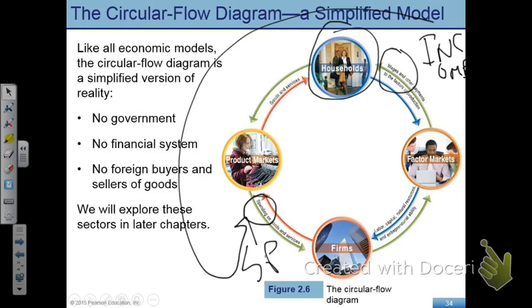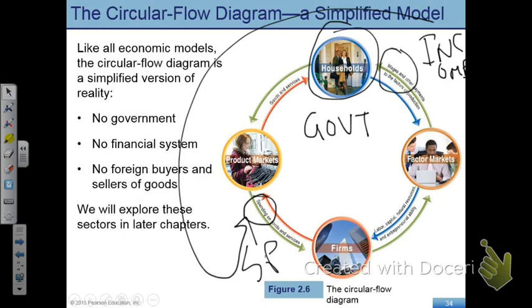We are seeing firms, we are looking at households, we have two kinds of market. All these are realistic depiction of our actual economy with two important limitations. What is missing from this model that we see in our actual economy? Very good. The first thing that is missing, and I want to explicitly write that down, is government.